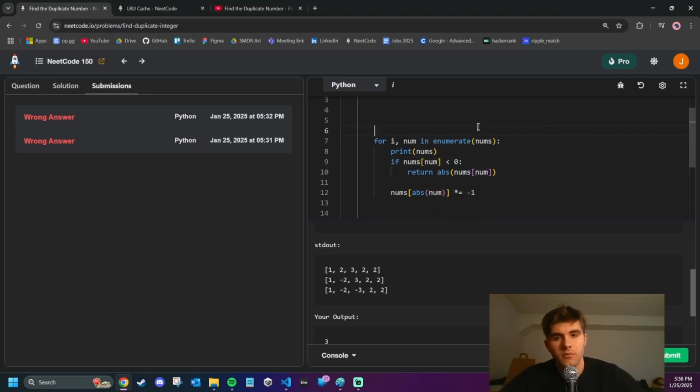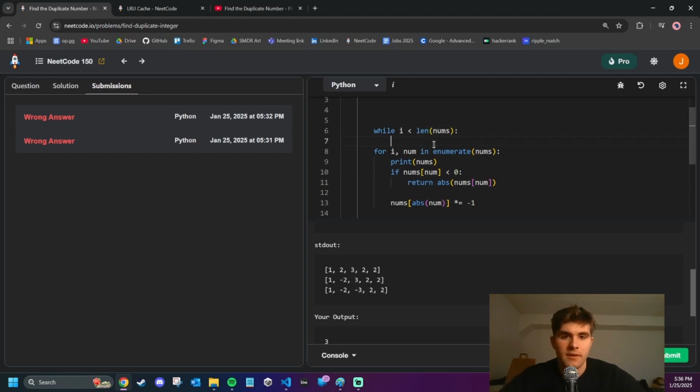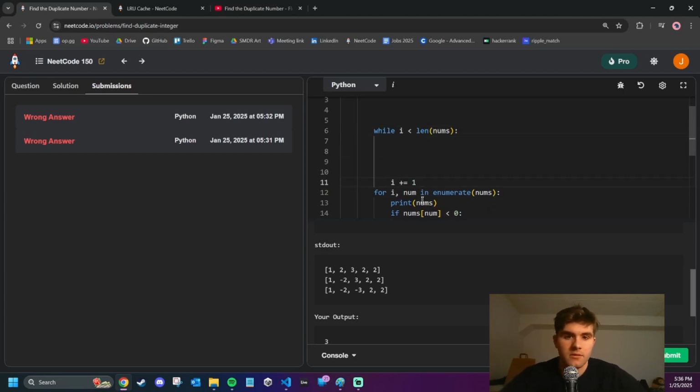I think the enumerate might be messing me up. While I is less than length of nums, and then I plus equals 1.